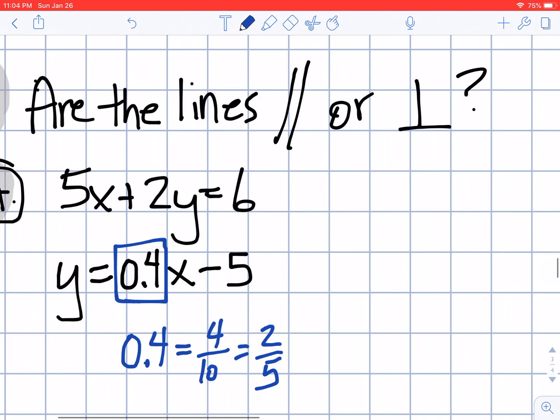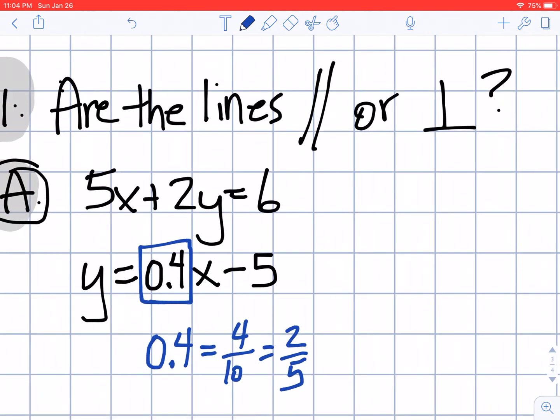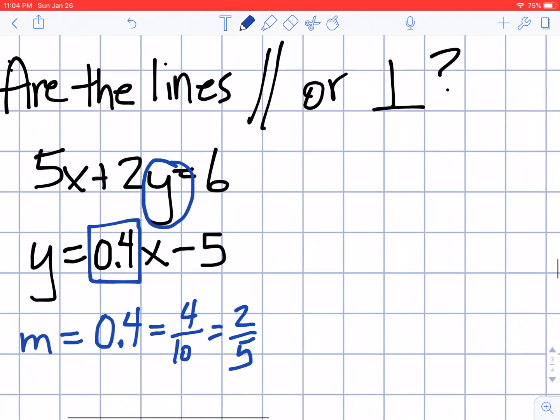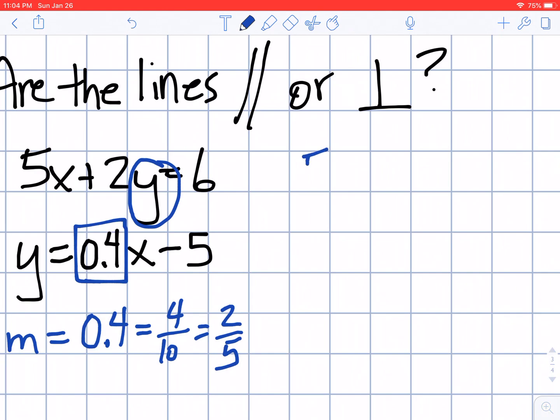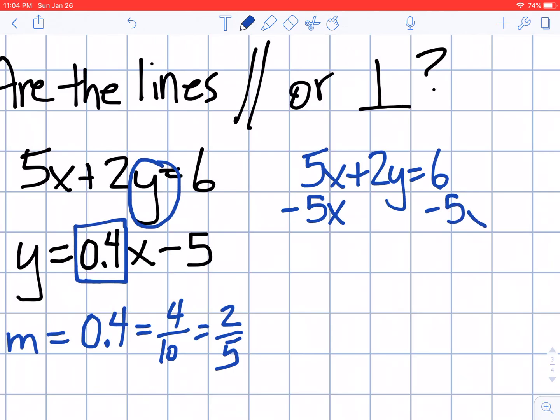All right, first equation. This equation is not solved for y. So job number one is get y by itself. All right, so we can see the slope. We'll take the equation over here, rewrite it, and get y by itself. It's a two-step process. We need to cancel the 5x from both sides. Again, there's the equal sign.